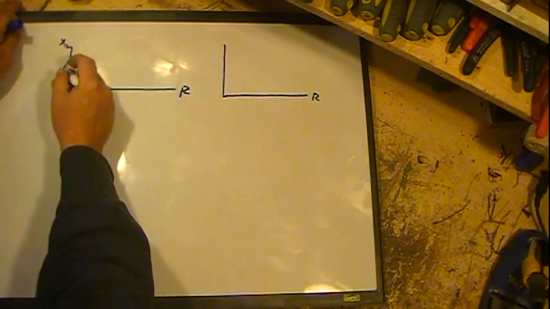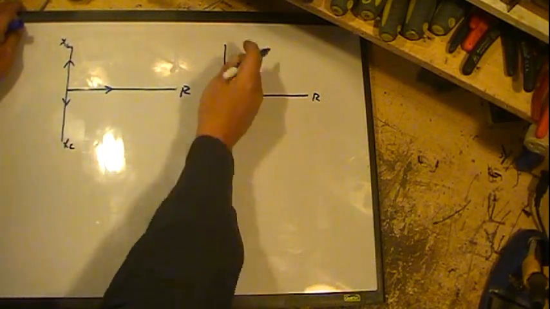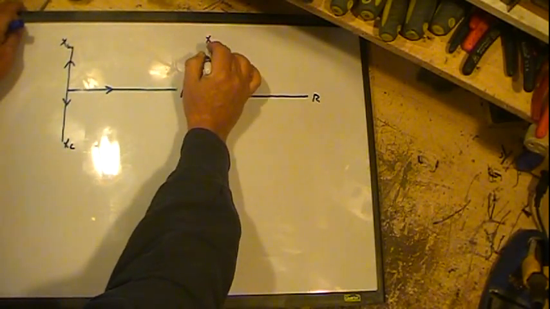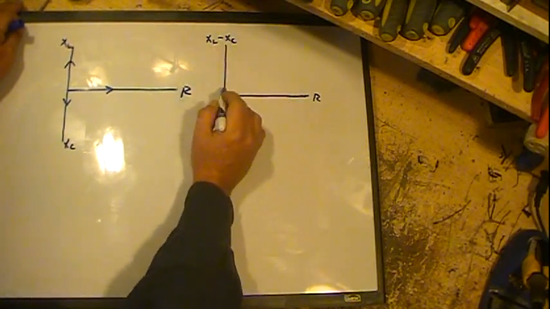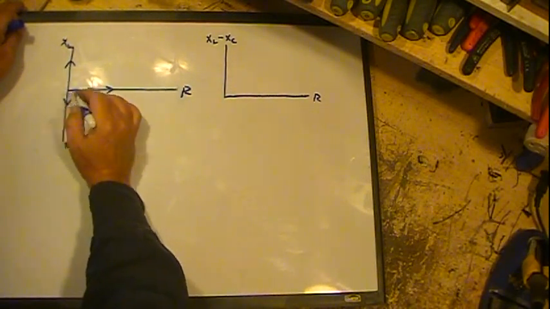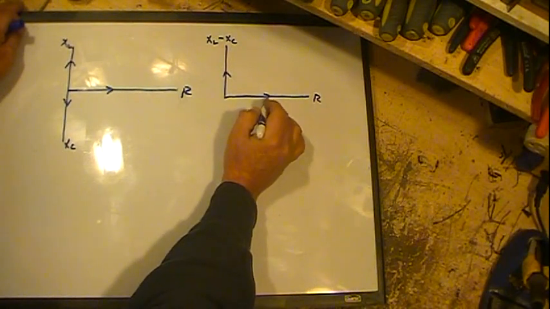Now it's going to look like this because I made X sub L larger. If X sub C was larger, it would just be reversed. But this time we'll call this X sub L minus X sub C. And this vector will be shorter by this amount. The resistance does not change.